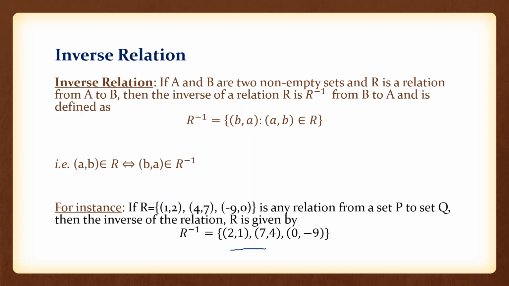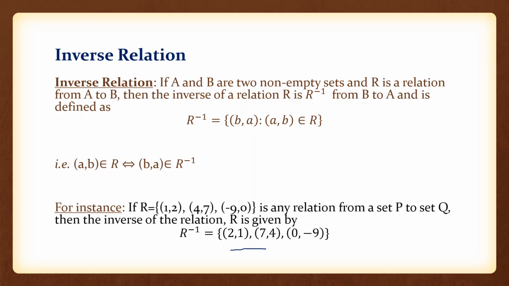Inverse is nothing but the domain of the relation becoming the range and the range becoming the domain. If A and B are two non-empty sets and R is a relation from A to B, then the inverse of relation R is from B to A. Why? Because it is the inverse of it.